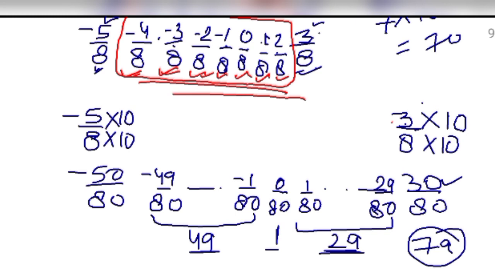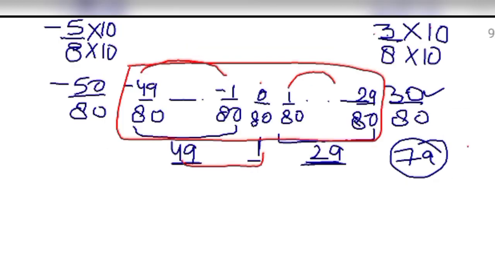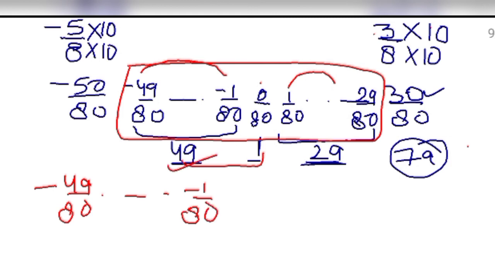But they were just asking for the 60 rational numbers. So you will choose any 60 rational numbers between them. आप इनके बीच में कोई भी 60 rational numbers लिख सकते हैं. आप लिख सकते हैं minus 49 to minus 1 लिख दीजिए. Then 0, 50 हो गए. Then you need just extra 10. तो आप सिंपल लिख सकते हैं minus 49 upon 80 to minus 1 upon 80. 49 rational numbers.